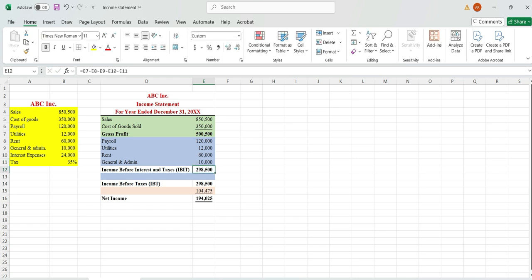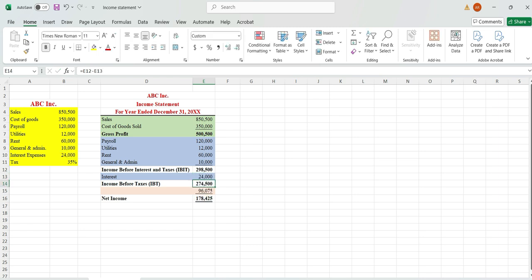So when we do that, we have an income before interest and taxes of 298,500. Now we go to the next one, that's EBIT. We're going to go to interest now, the interest expense, and it is 24,000 per year.